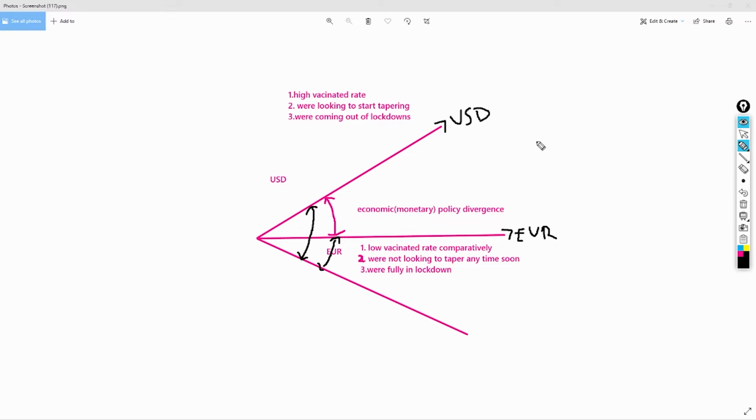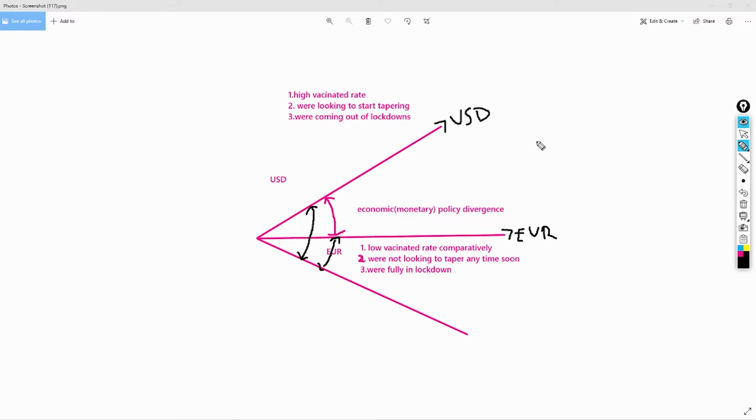And also the US dollar, or the US people, were looking to start tapering. The third one, they were coming out of lockdown because they were having a high rate of vaccinated people. They were not afraid of letting people out, and they think because they are vaccinated, they are not going to escalate the spread of the COVID-19 virus.